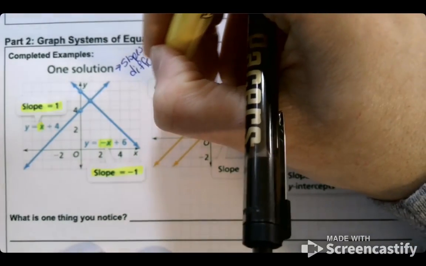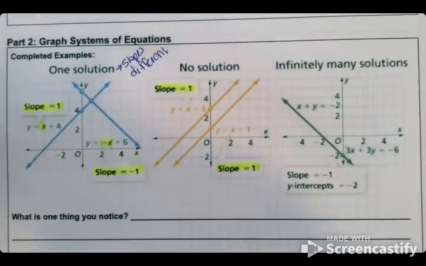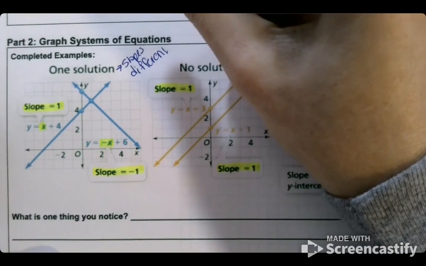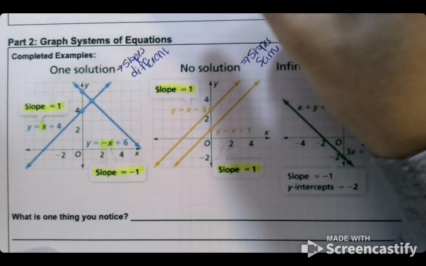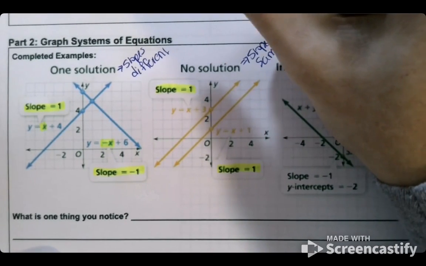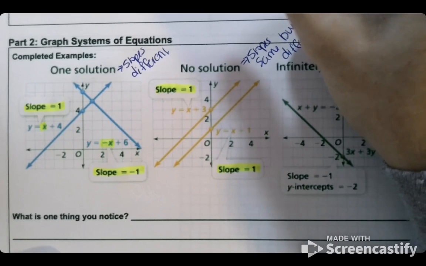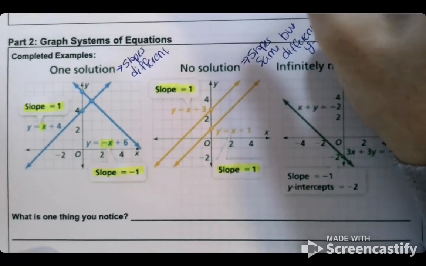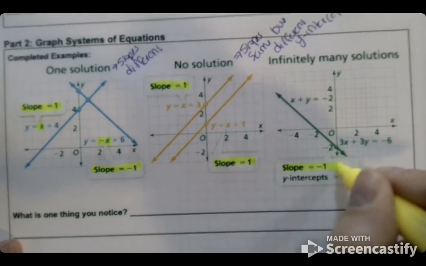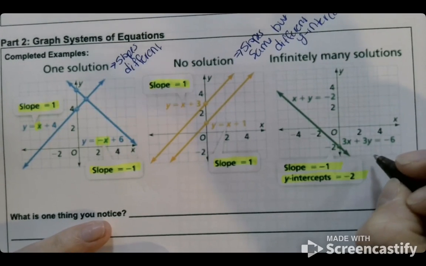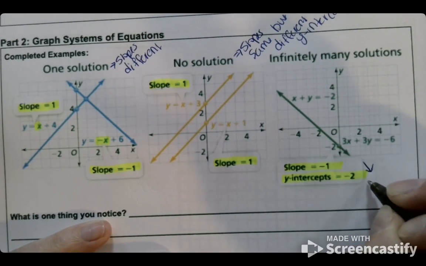No solution: notice how the slopes are the same, but different y-intercepts. And then infinitely many solutions: the slope and y-intercept are the same.